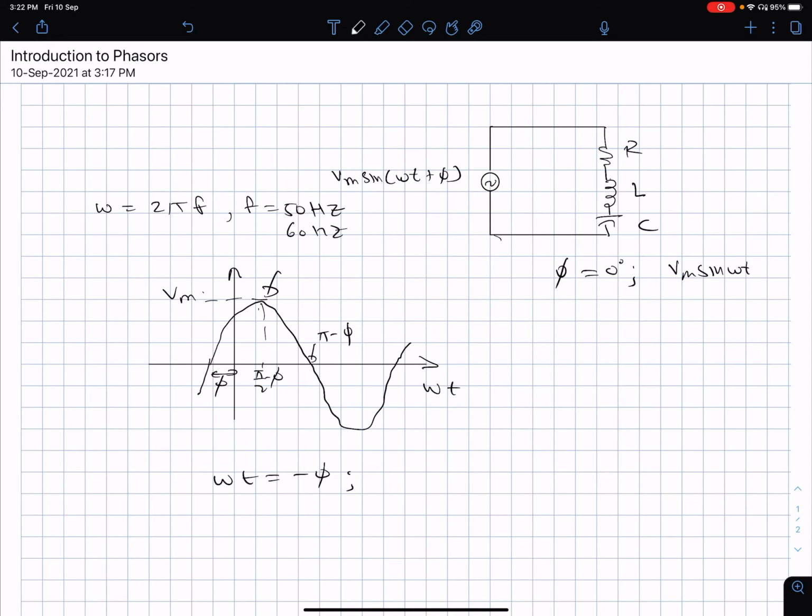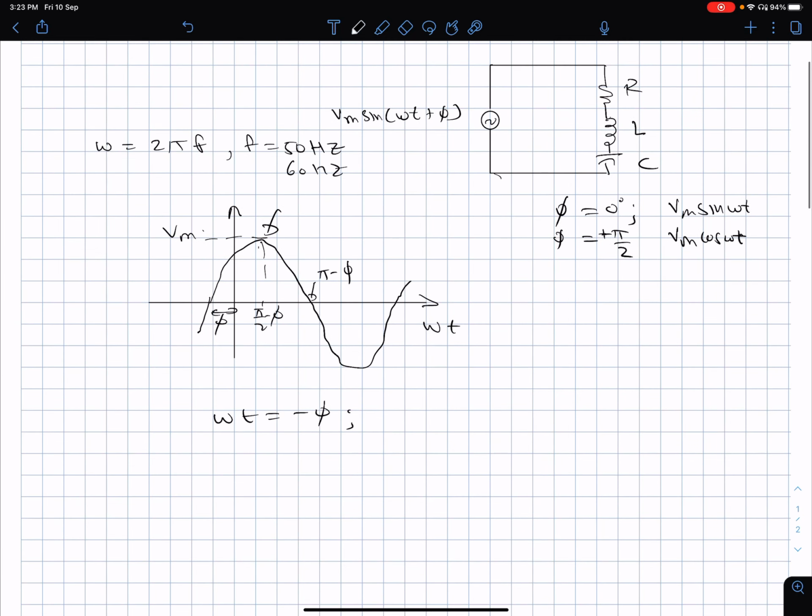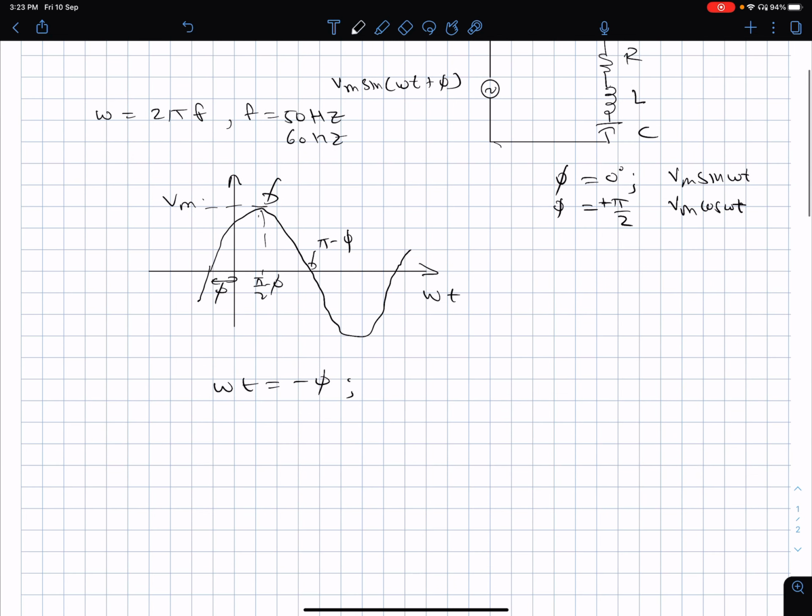If phi is set to plus pi by 2, then you will get Vm cos of omega t.